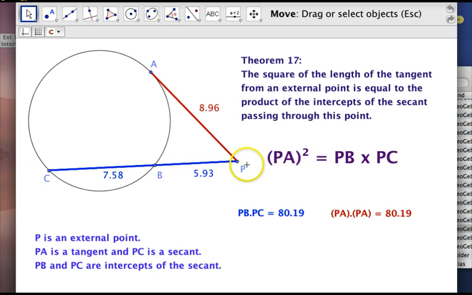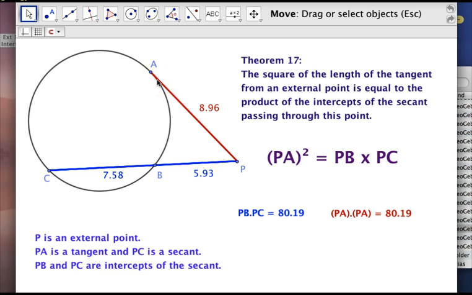So I don't want to see PB times BC. I want to see PB, a secant intercept. Where does the external point touch the circle, and where does the other intercept touch the circle on the other end? So the secant intercepts are PB and PC, and the tangent is PA.